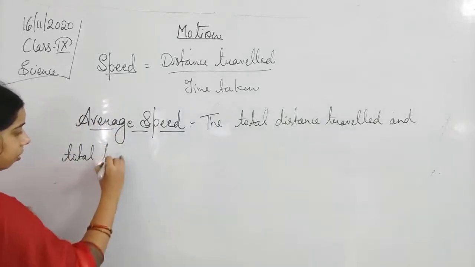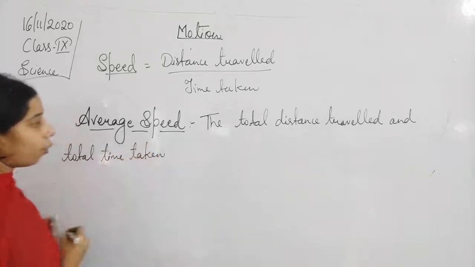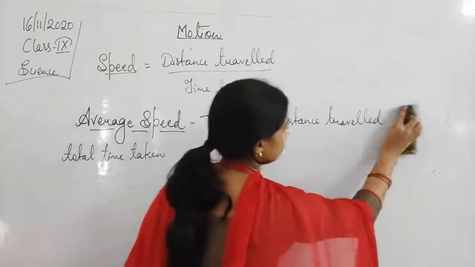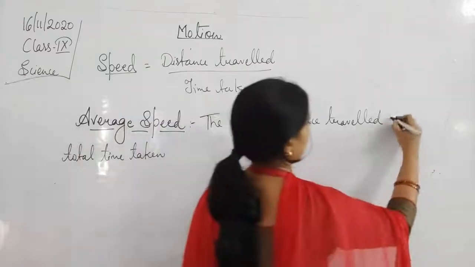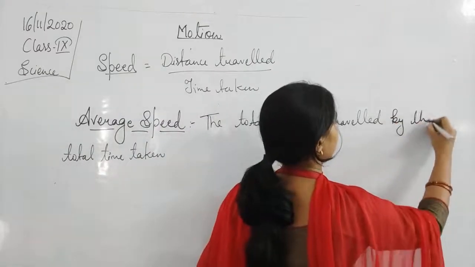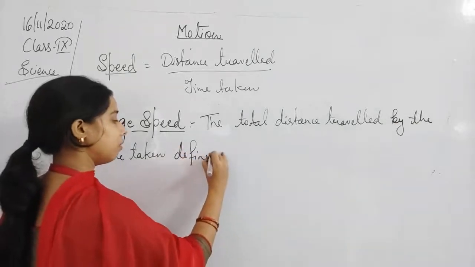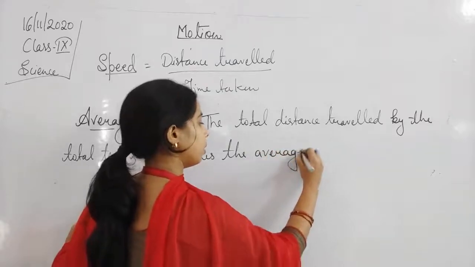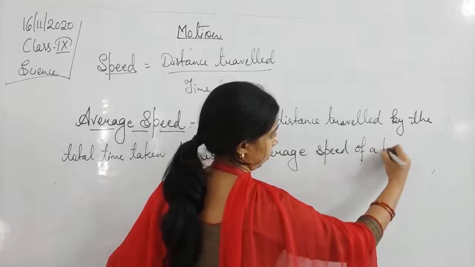Total distance traveled by the total time taken defines the average speed of a body.